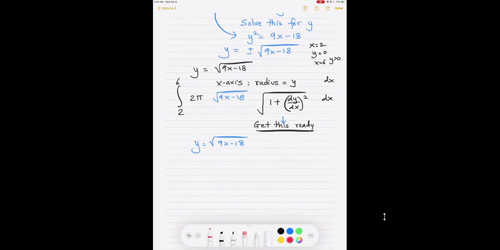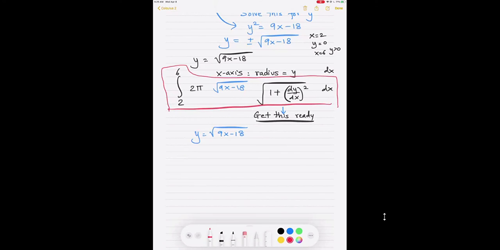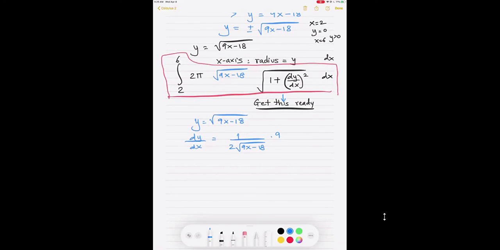If we want, we can box this, because we are going to come here and put everything in here and integrate after. So dy by dx is 1 over 2 square root of 9x minus 18, times 9. So dy by dx squared is going to be 81 quarters.